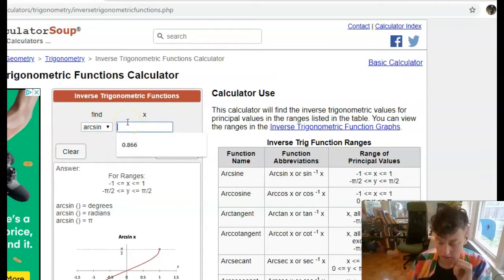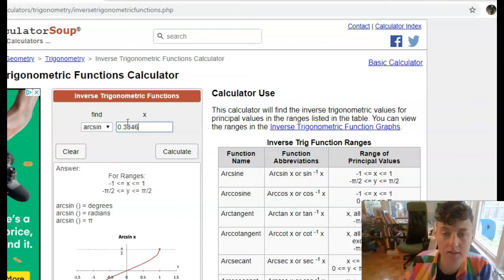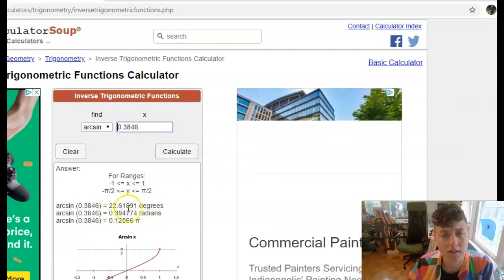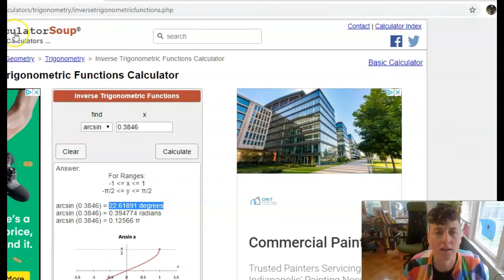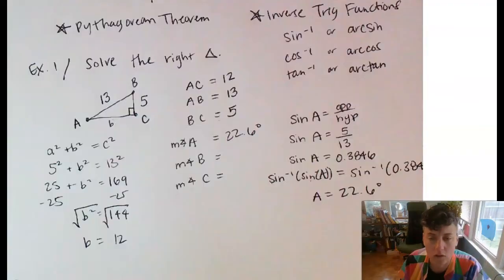We're finding the arc sine of 0.3846. And we calculate here. And it gives us that 22.6 degrees we were looking for. All right, so again, this is the calculator soup option. Great.